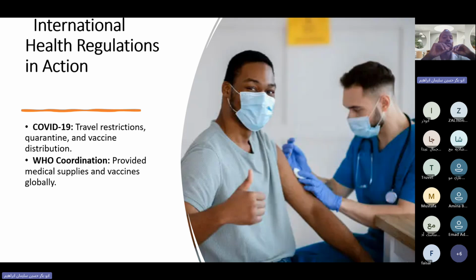The World Health Organization and different agencies, CDC, MSF, IRC, ICRC, and different countries put regulations in place, especially from the WHO, to restrict traveling, so people could not travel from Sudan to Chad, or from Central Africa to Sudan, or from Japan to Sudan. They were restricted. Additionally, they made quarantine.